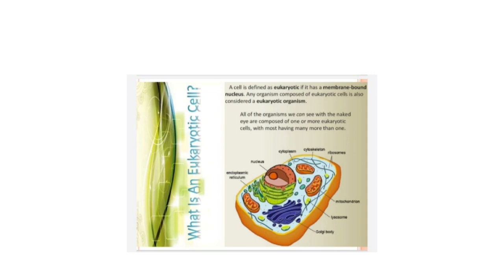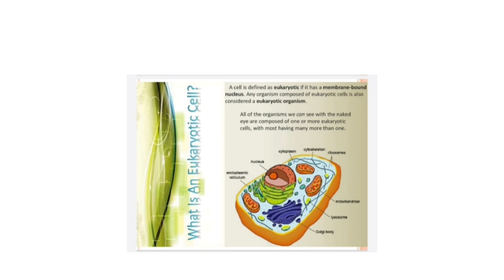In the word eukaryotic, eu means true and karyotic means nucleus. That is, a cell having a true, well-developed nucleus is called a eukaryotic cell.